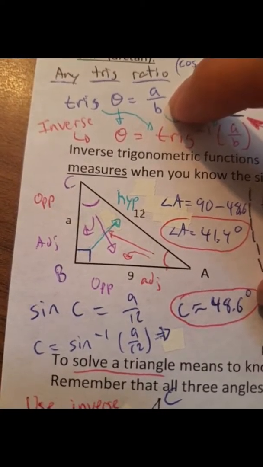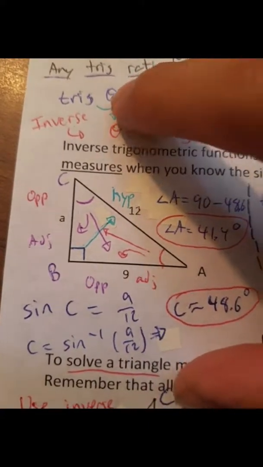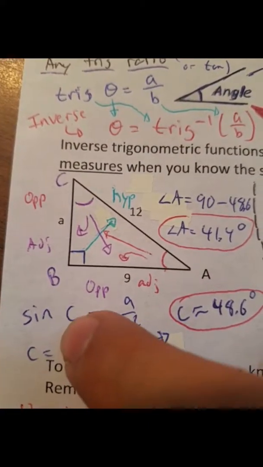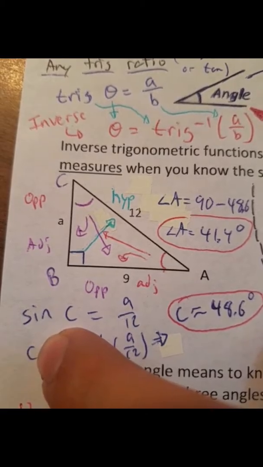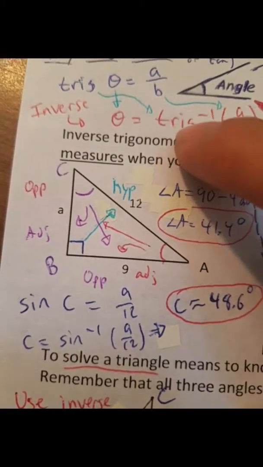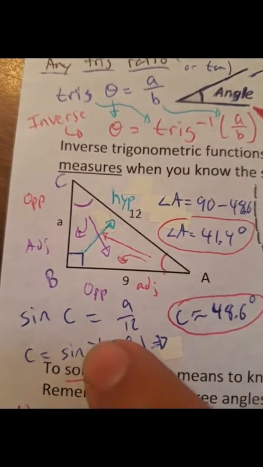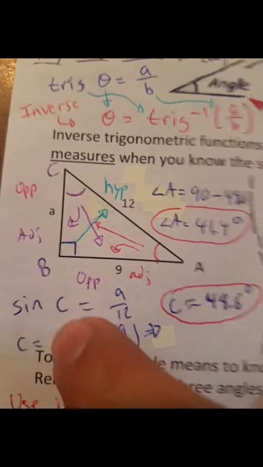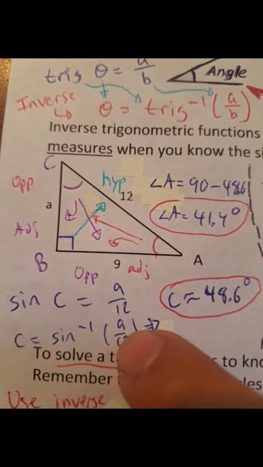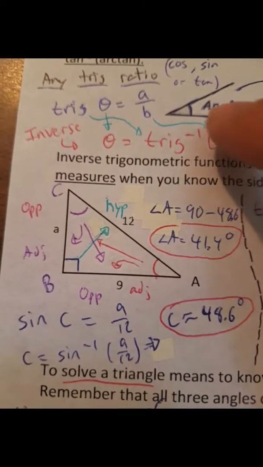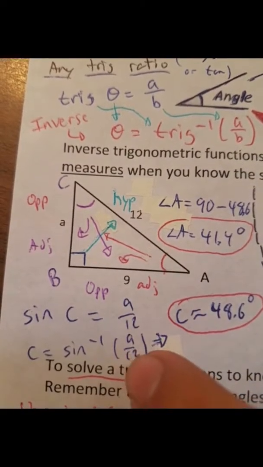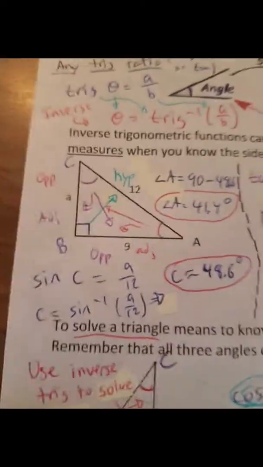Now what do I do to find the angle? I follow this: the angle C goes first, equals the inverse sine of the same ratio, A over B.